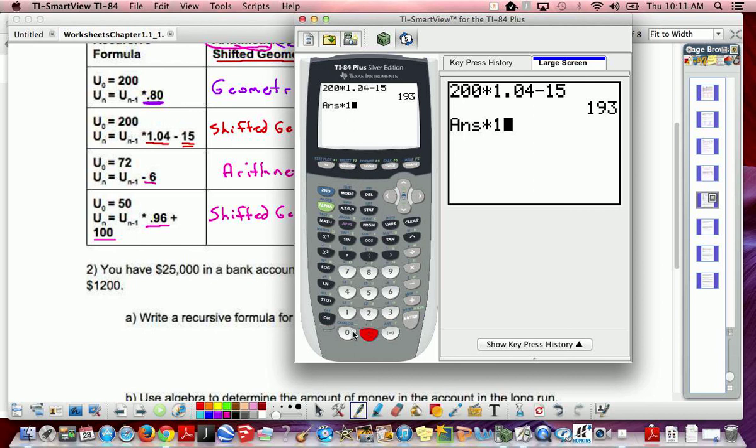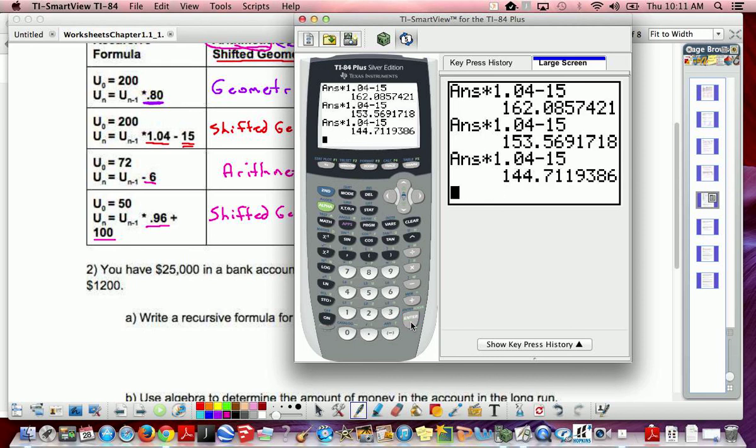If I times it by 1.04 and subtract 15, I'm going back to that second one here. One of the questions is, I didn't really check to see if it's leveling off. So as I'm doing this, notice how as I'm going down, it's decreasing at a faster and faster rate. So the amount in between, see how it's about 13 apart, 14 apart. So that's why I know it was always decreasing.